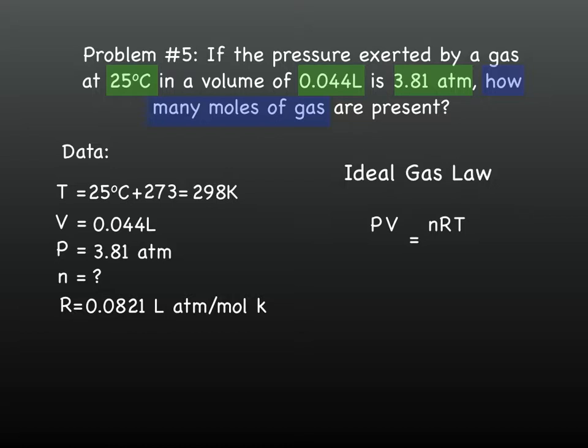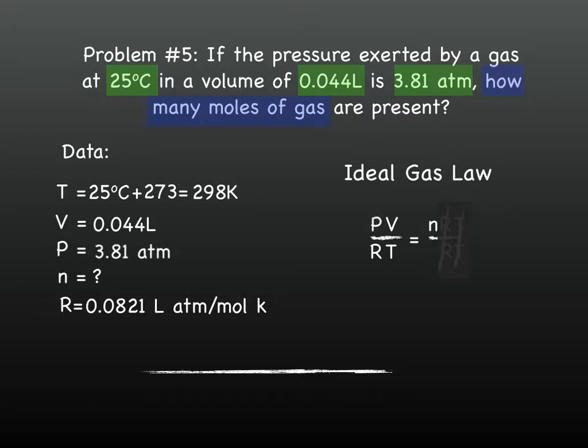In order to get n all by itself, we need to divide both sides by RT. Divide the right side by RT and divide the left side by RT. Notice that R's cancel, T's cancel. So our resulting equation is n equals PV divided by RT.